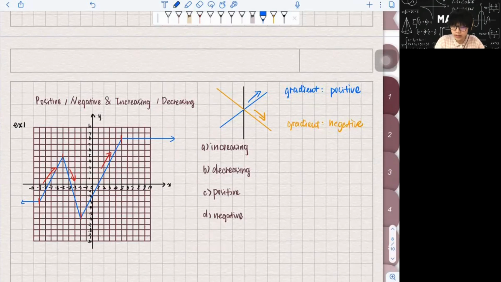Then we know that the increasing parts are from -9 to -5 and from -2 to 5. And we only have one decreasing part, that is from -5 to -2.